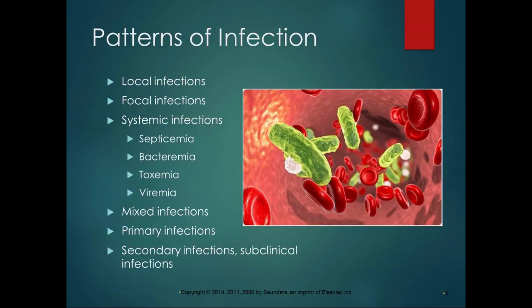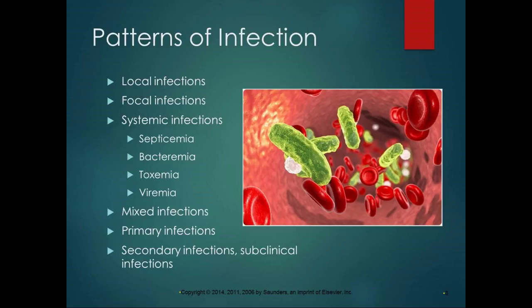So infections can take on different patterns, which are defined by their characteristics or location. With local infections, the organism enters the body and remains confined to a specific location. With focal infections, on the other hand, the pathogen spreads from a local infection to other tissues.